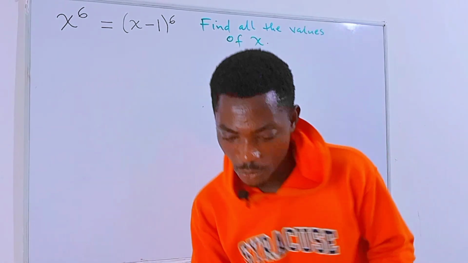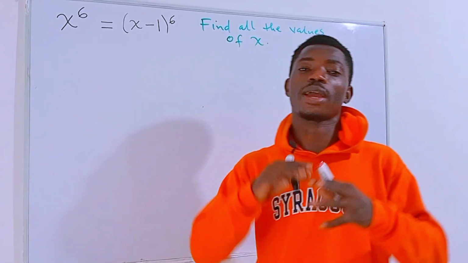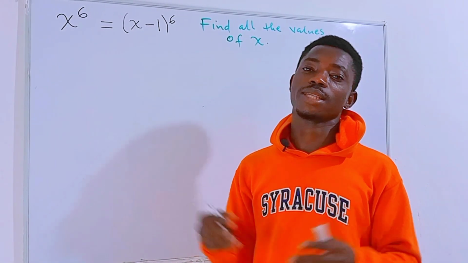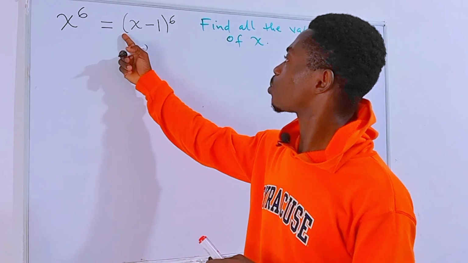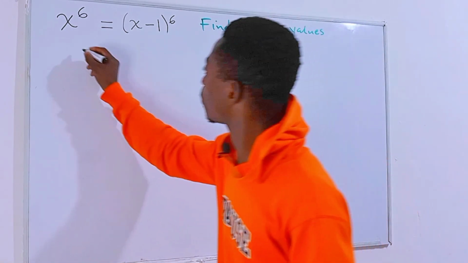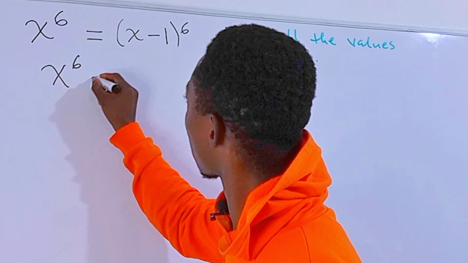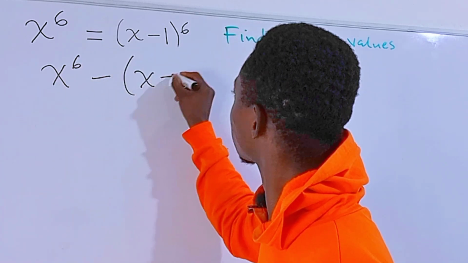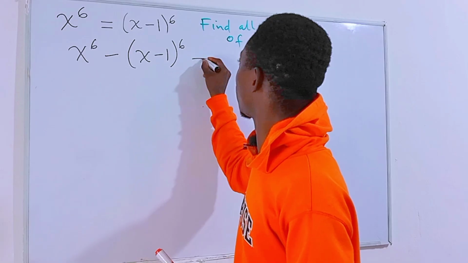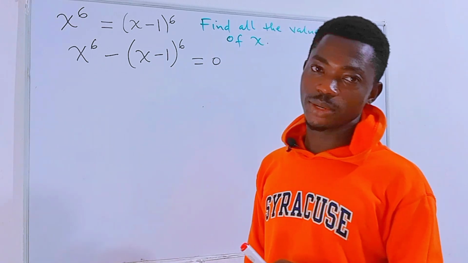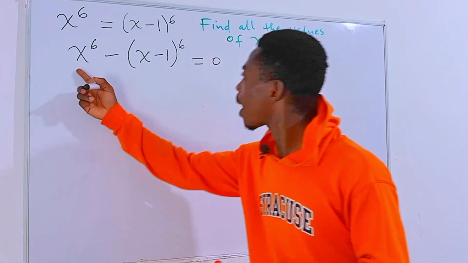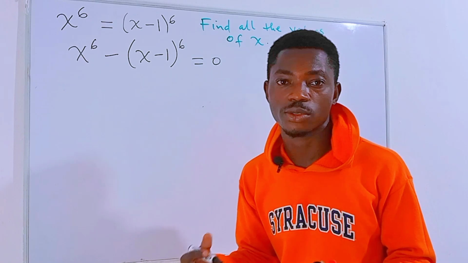Now, which method are we going to apply in order for us to find all the solutions? Check this out. First of all, let's transpose the left-hand side so that we will get x to the 6th power minus (x minus 1) to the 6th power, and this is equal to 0. Actually, we can rewrite the left-hand side in the form of difference of two squares.